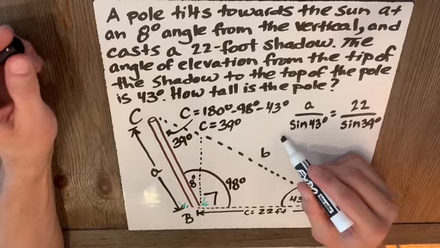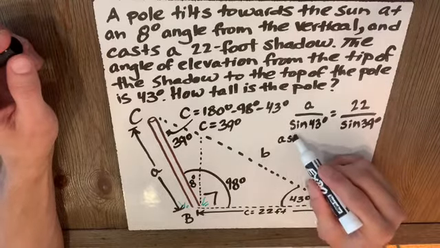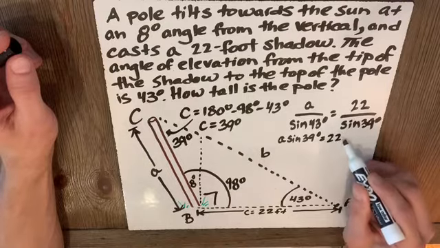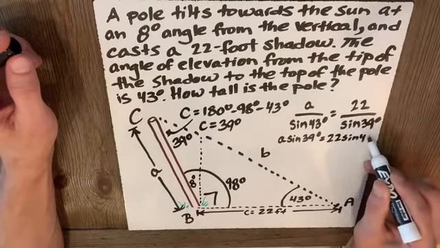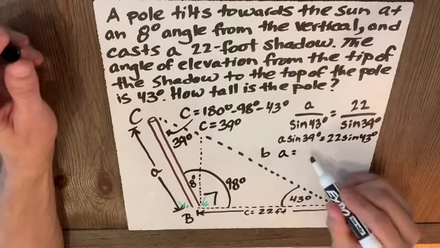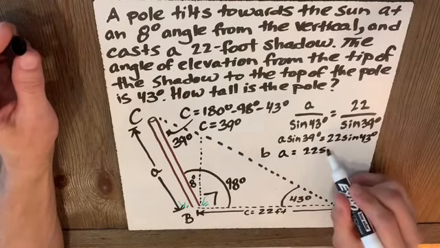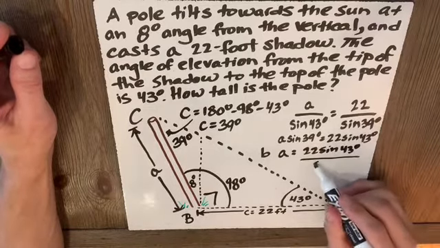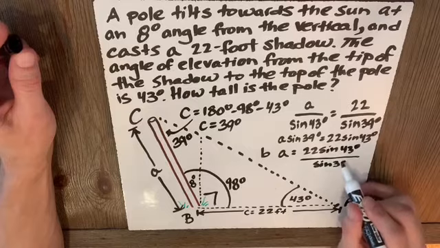So when I cross multiply, I get A sine 39 is equal to 22 sine 43. Divide by sine 39, A is equal to 22 sine 43 over sine 39.